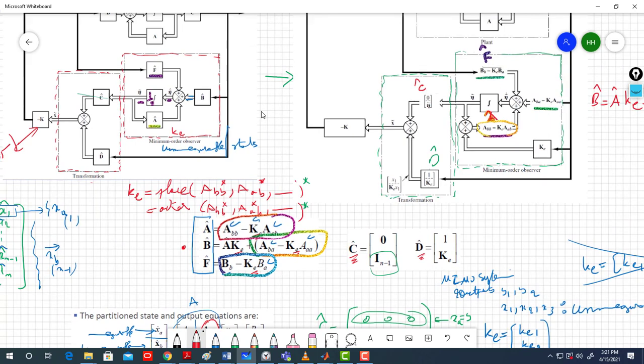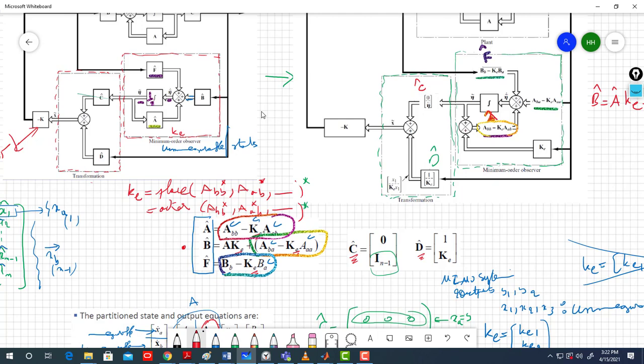And D hat is 1 over KE, so D hat is the same. So the transformation matrix is the same here and there. What's changed is that in the minimum order observer, they rearrange it in a way that makes KE clearly visible. So they don't use A hat, B hat, F hat. This is equivalent to C hat and D hat again, so they are the same.